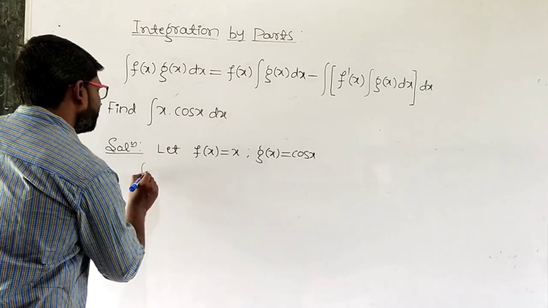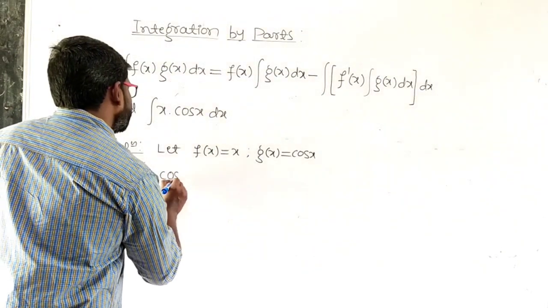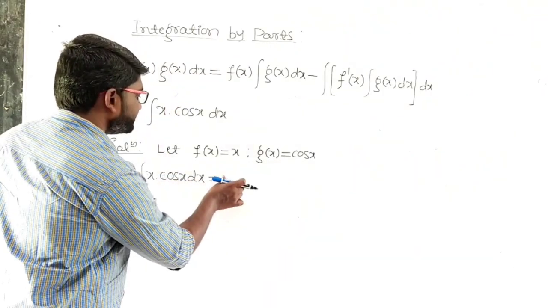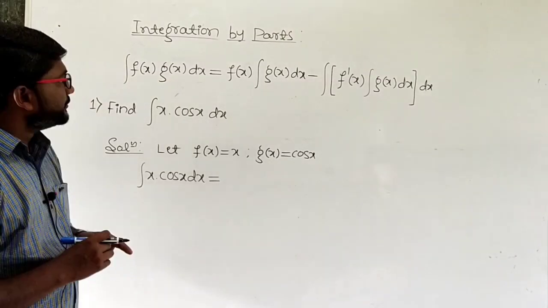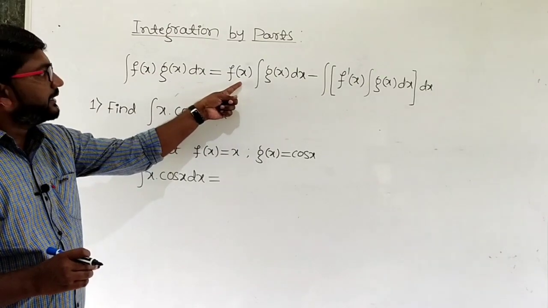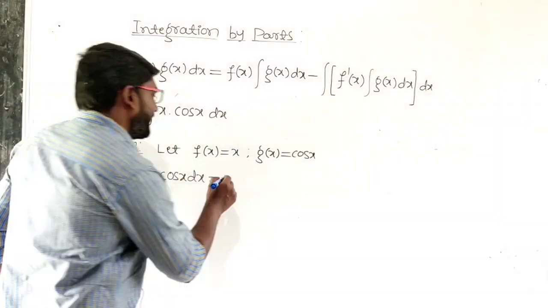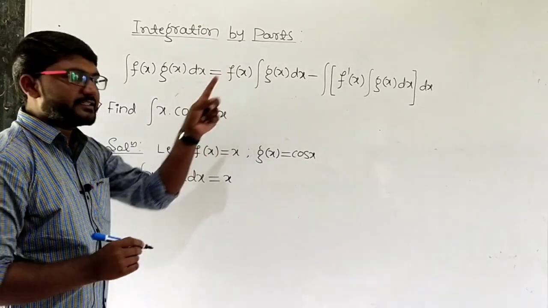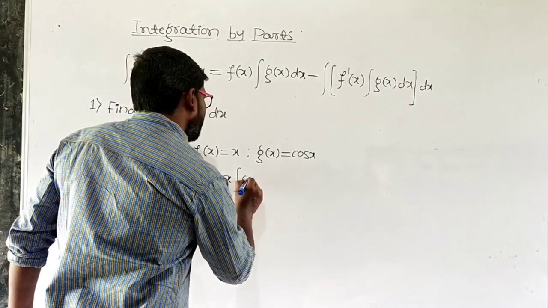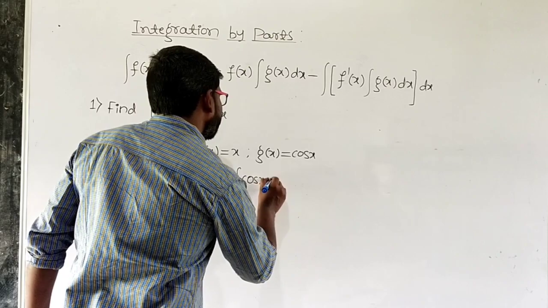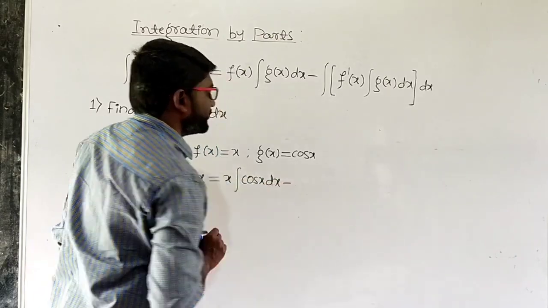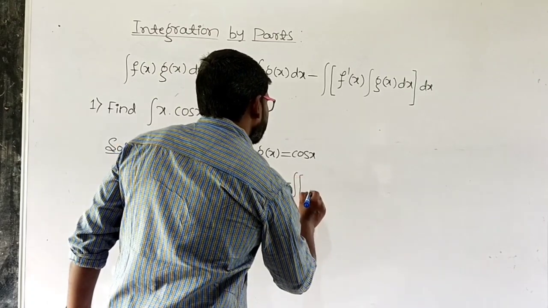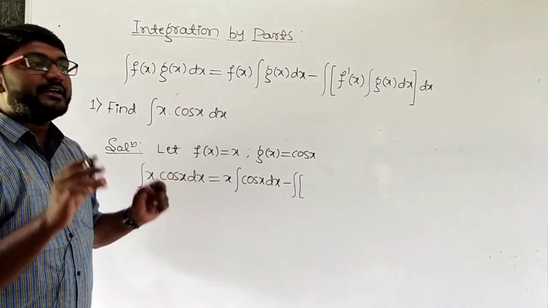So integral x into cos x dx is equal to, see the formula now, f of x, that means I have to write x as it is, then integration of the second function, integral of cos x dx, and then minus integral, then f dash of x, the derivative of the first function.